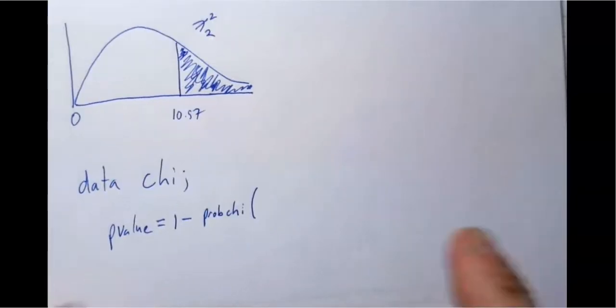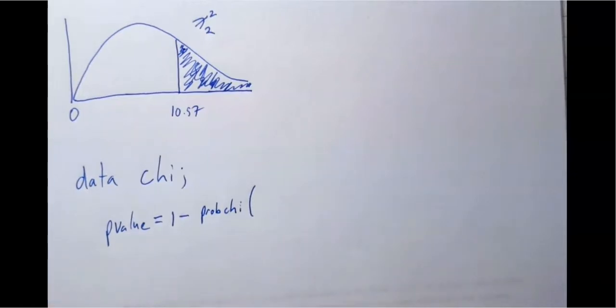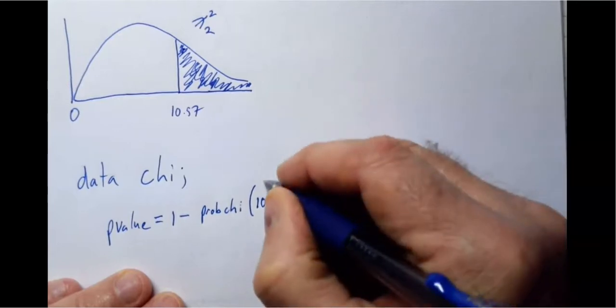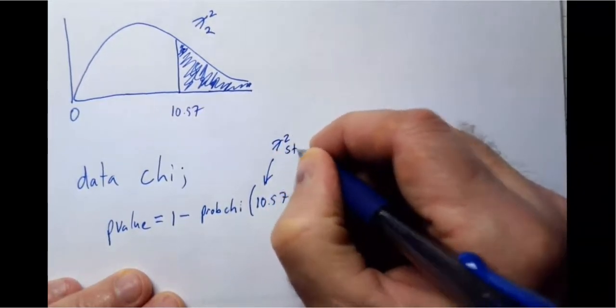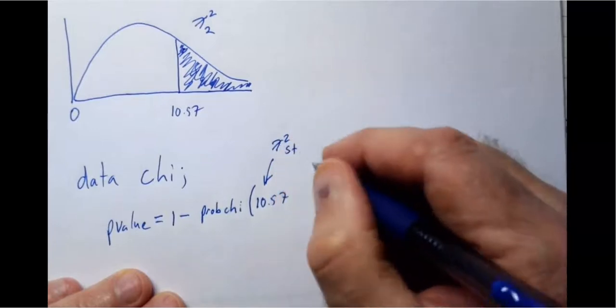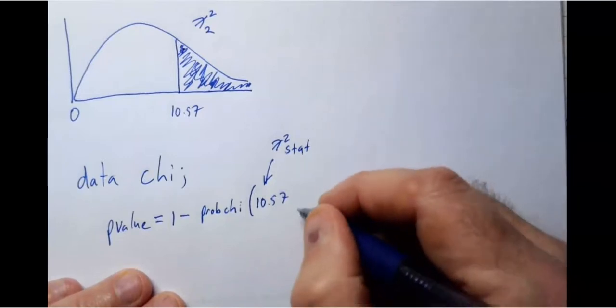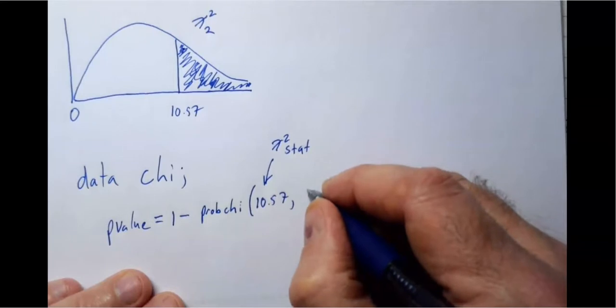The first argument for the prob chi function, just like for prob t and prob f, is our test statistic, 10.57. This is our chi-squared stat. That funny squiggly x symbol is a chi. So this is the chi-squared stat that we got up above. The second argument, what do you think that is? Degrees of freedom.